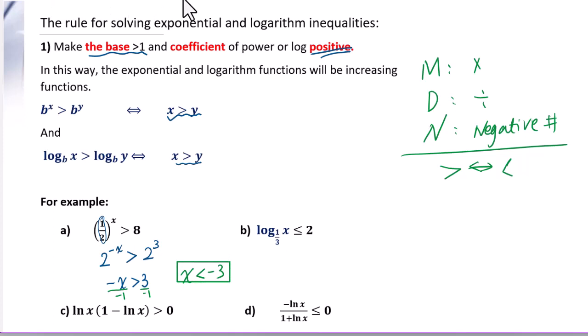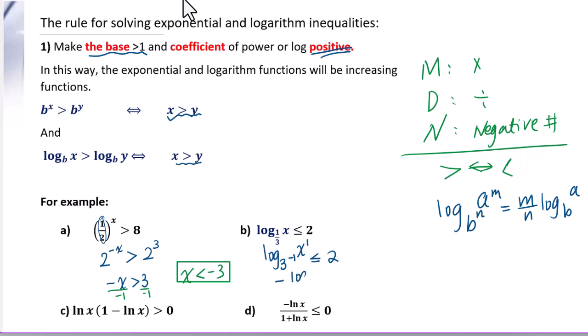For b, we will use the rule: log base b to the nth power of a to the mth power equals m over n times log base b of a. To change the base, log base 3 to the negative first power of x less than or equal to 2. 1 over -1 is negative log base 3 of x less than or equal to 2.